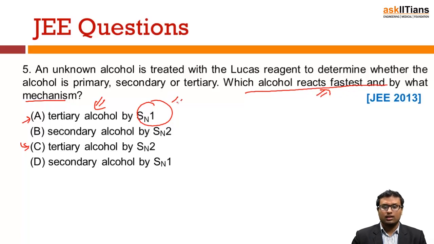So you will get a tertiary alcohol by SN1 process. So the answer will be A. Yes, because tertiary alcohol reacts faster than secondary, and not only that, that alcohol will be converted into an alkene. An intermediate product is a carbocation, and you can get the intermediate product as a carbocation in SN1 process. So the answer is tertiary alcohol by SN1.